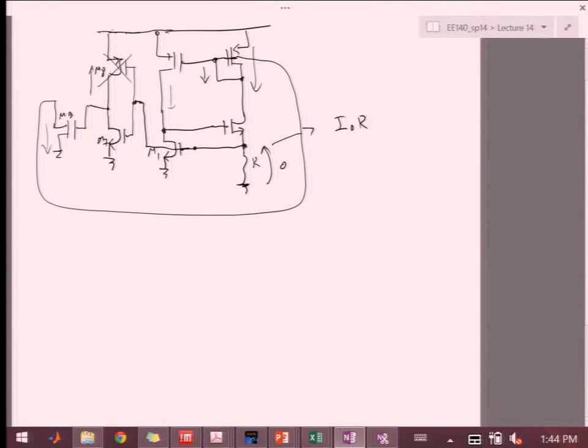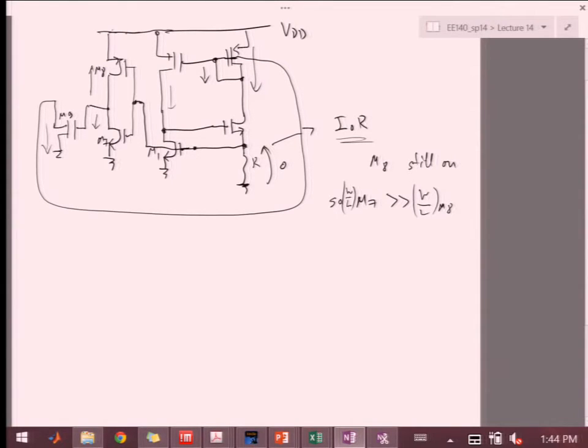And, well, M8 is not going to actually completely turn off. So M7 will turn on and pull this voltage down. Because this is not going all the way to VDD, M8 is still on. So M7 has to be much, much bigger than M8, right?